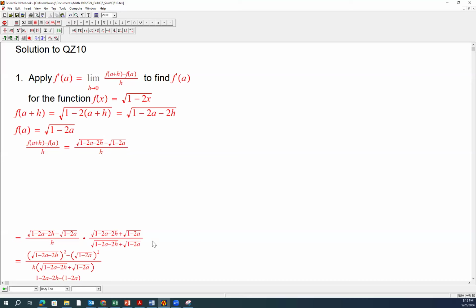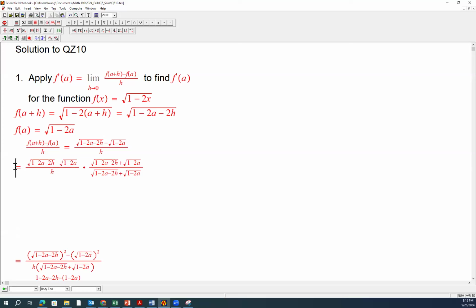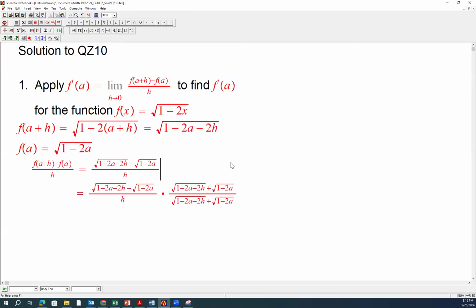And obviously, we have radicals here. So we're going to multiply by 1. Anything times 1 stays the same, and we chose the 1 to be the conjugate of the numerator. Let me make the fonts a little bit larger. So we chose the conjugate of the numerator, which is the first radical adding the second radical.